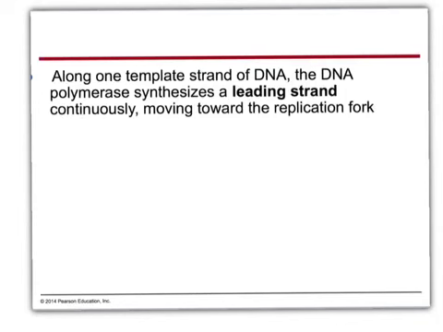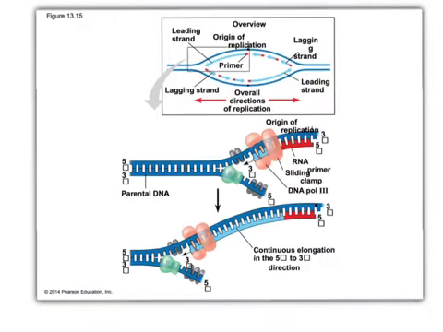So here is the template strand, 3' to 5' up top, and synthesis is occurring 5' to 3' towards the replication fork. As fast as helicase can open the DNA, the polymerase is synthesizing the new daughter strands.